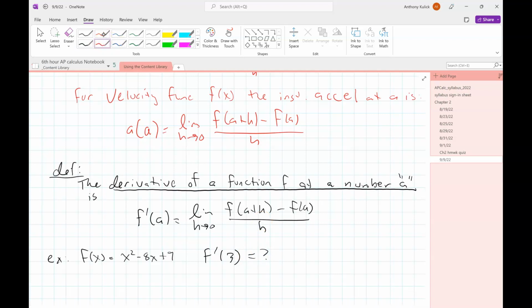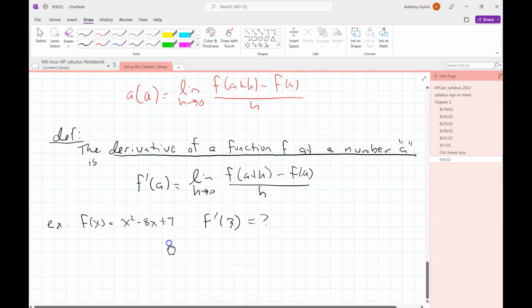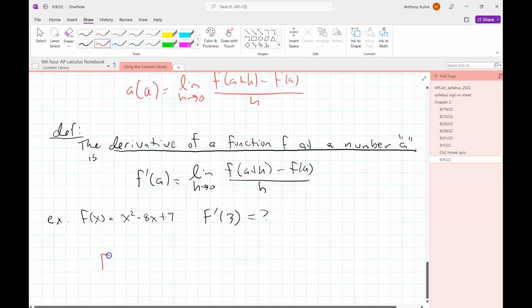So f prime of 3 is the derivative of our function f of x at 3. So I'll apply my definition. So the a here is 3.